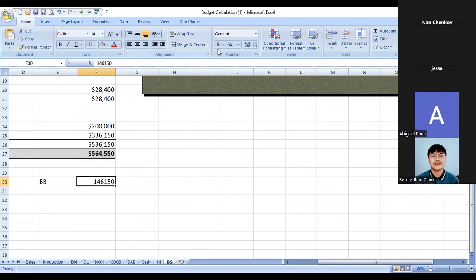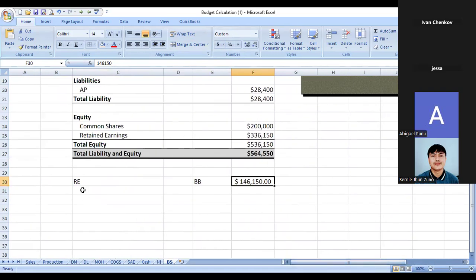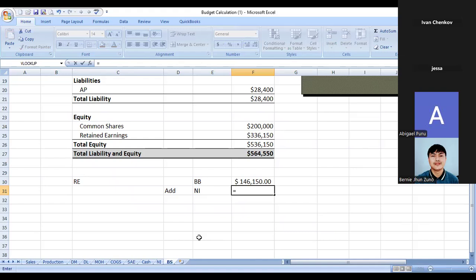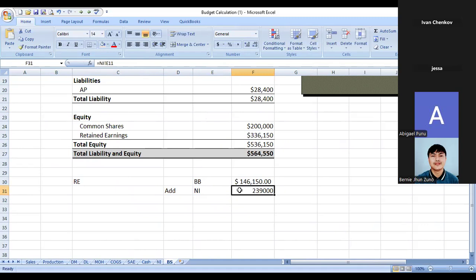Then we're going to add the net income from our income statement, which was here. It's going to be equal to 239,000. Once we add that number, then we're going to deduct the dividend which we paid.